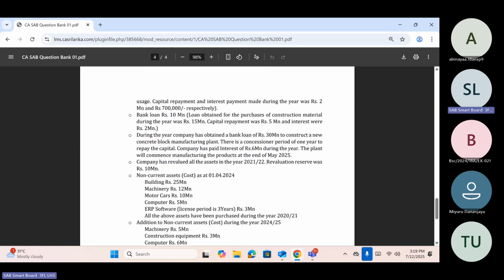So this asset has been acquired prior to 2021, right? Cost how much? 25 million.